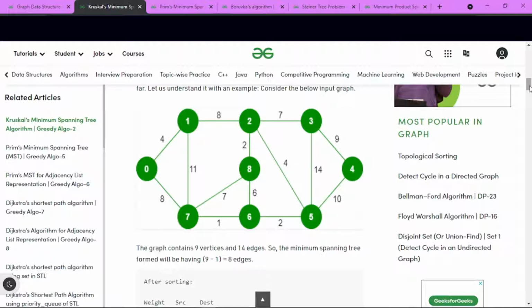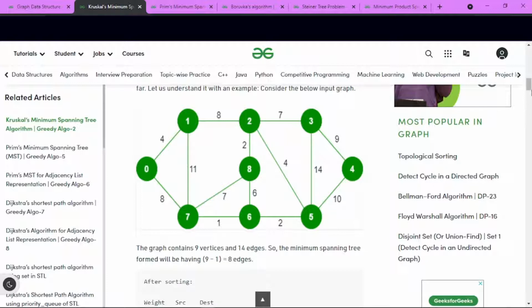First we will see Kruskal's minimum spanning tree algorithm. In this, we arrange all the weights of the graph edges in ascending order and connect them one by one, from the minimum weight to the largest weight.